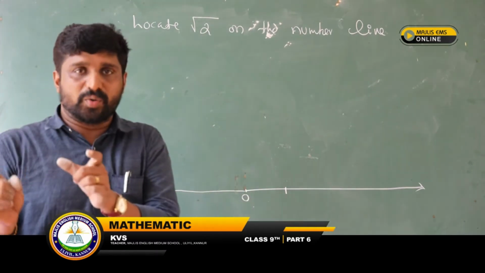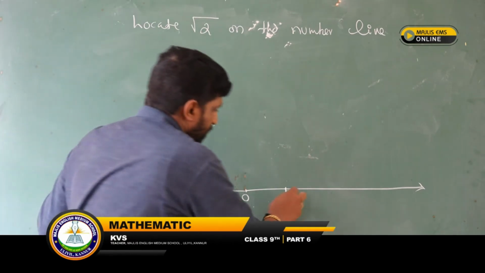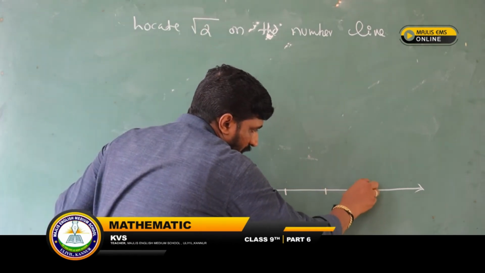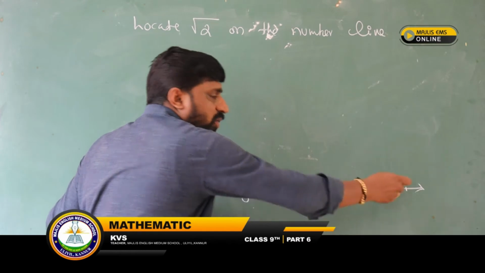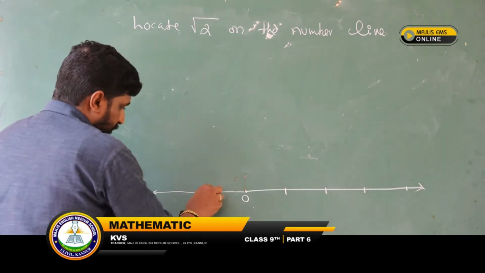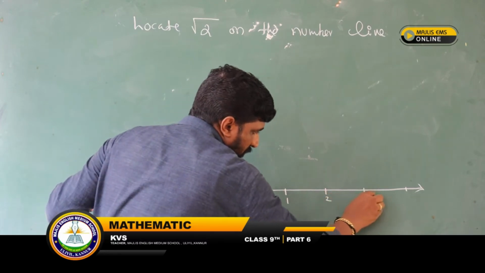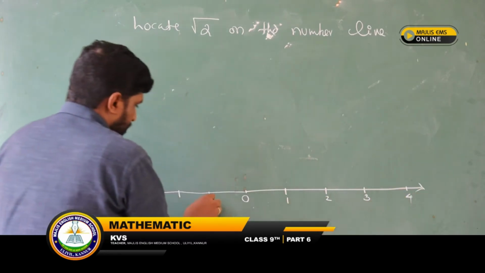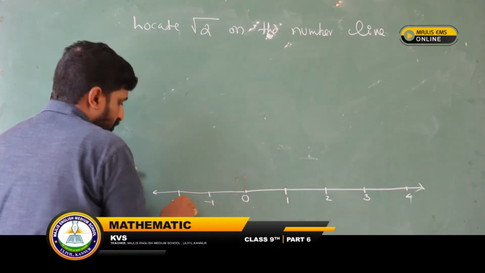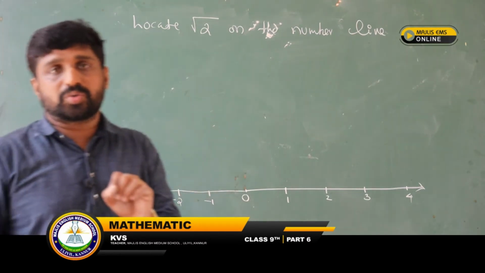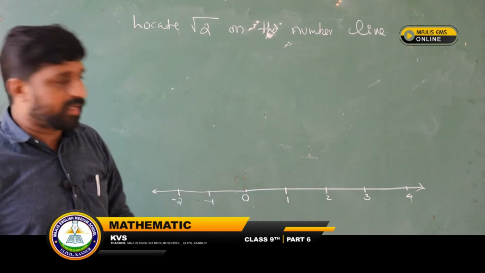Always we need to keep equal width in between, like that: 1, 2, 3, 4, and on this side -1, -2, like that. We need to locate root 2 on the number line.